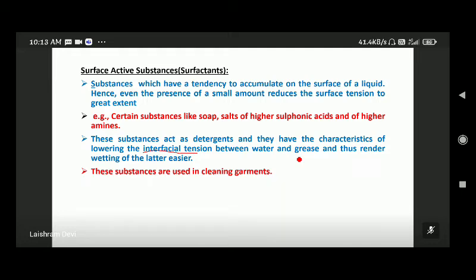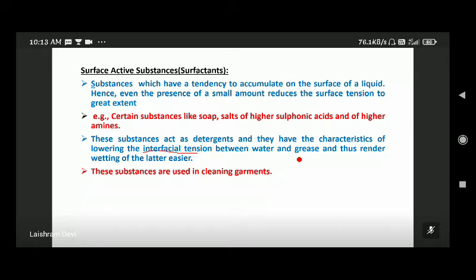How surface tension is different from interfacial tension is, in case of surface tension, on the surface you have water molecules. Suppose we consider the surface tension of water especially, right? You have water molecules on the surface and on one side you have air molecules, right? So there is competition here between the force of interaction between two water molecules on one side and a water molecule and an air molecule on the other side.